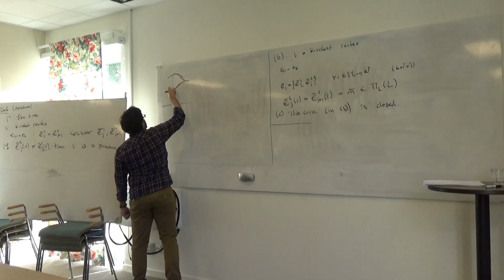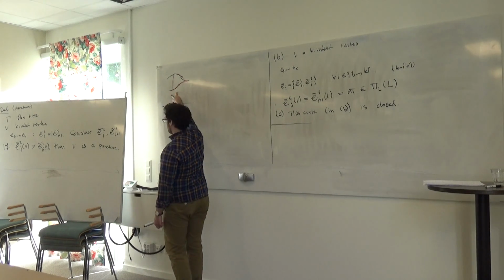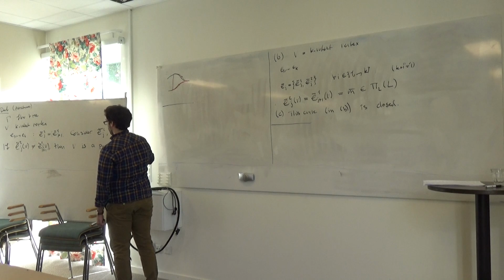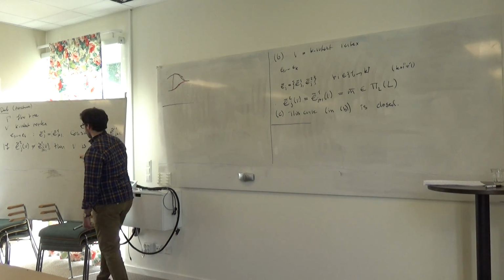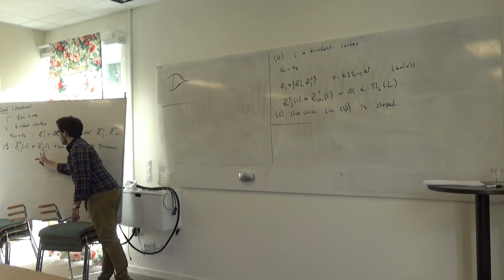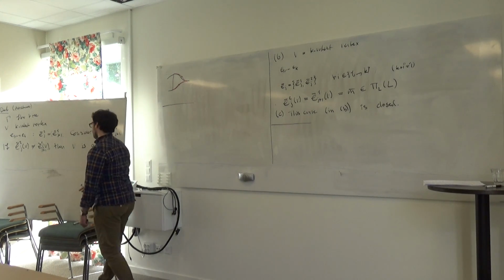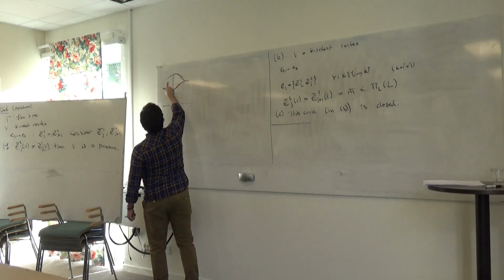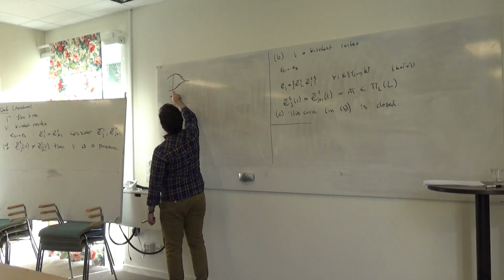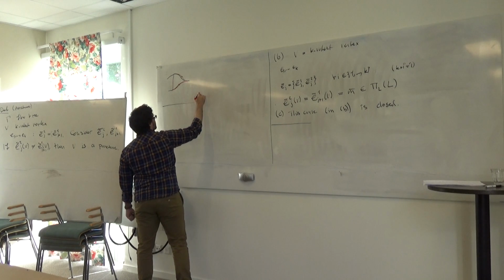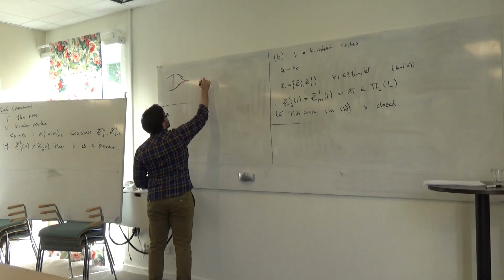Then at this Reeb chord, if these two are not equal, then they end at Reeb chord ends, and they have opposite orientation. In the Lagrangian projection, it looks like this.